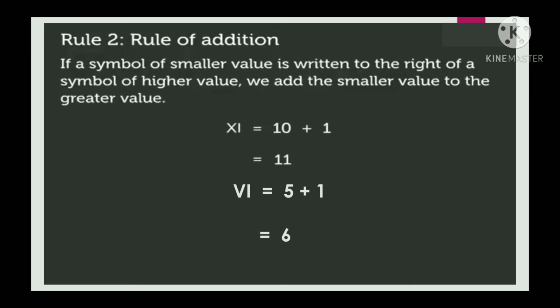Here X has a value of 10, I has a value of 1. So, the Hindu Arabic numeral for this number is 11. Similarly, if we consider a number VI, V has a value of 5 and I has a value of 1. So, the Hindu Arabic numeral for VI is 6.